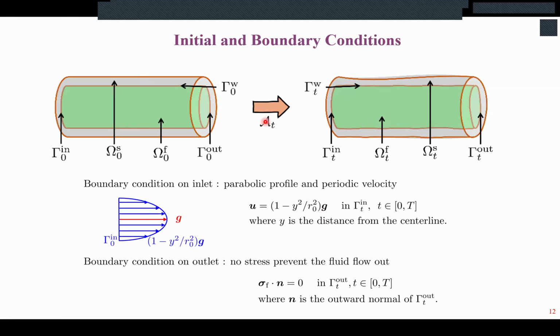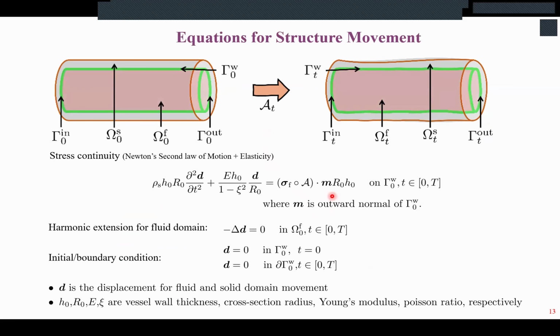It's supposed to vary with time, right? Are you following a cardiac cycle or not? Yes, of course. So here we have the function g, and this function is related to time. Yes, a function of time. So it's a function of x, y, z, and t. And typically it's not a parabola; it's a Womersley profile, but that's fine. Okay, thanks for pointing that out.